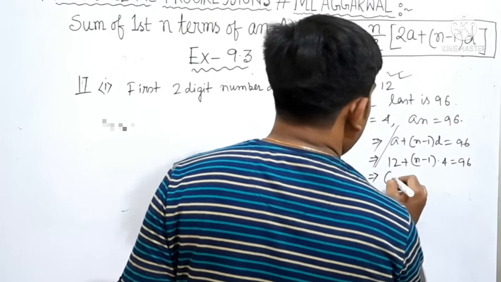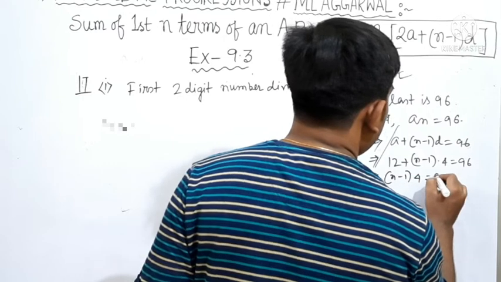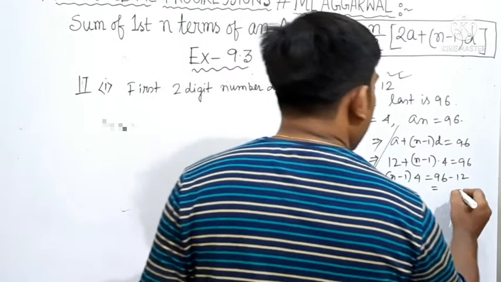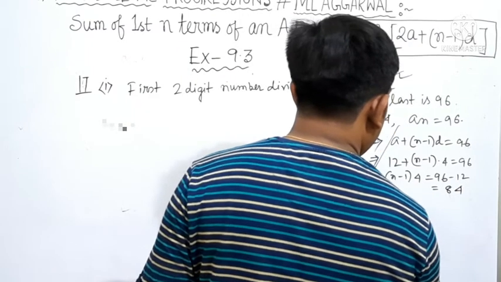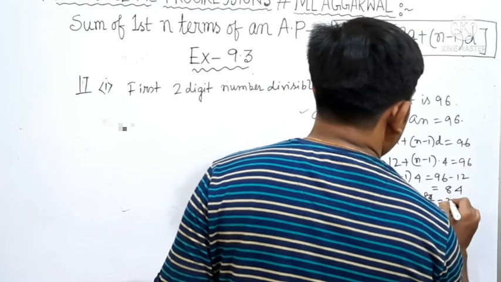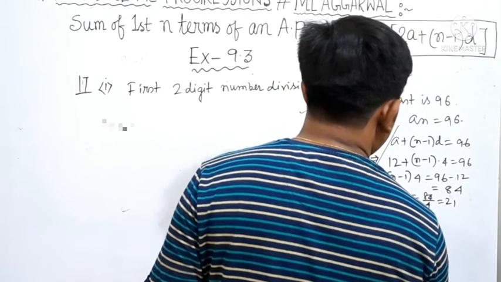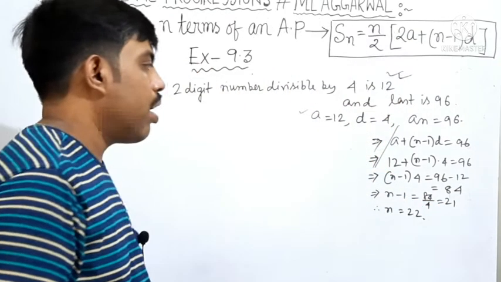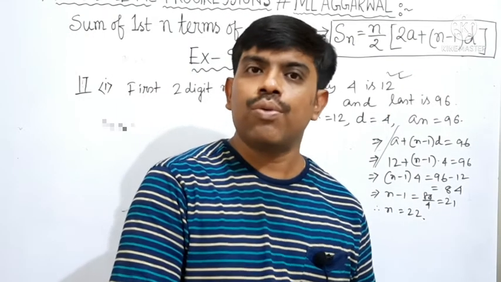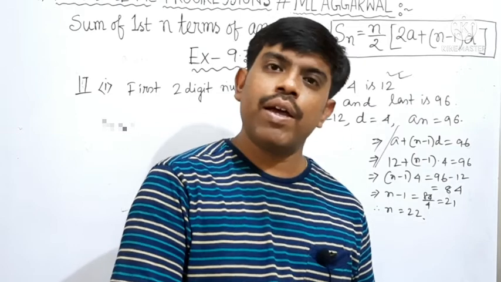So it will be n minus 1 into 4 is equal to 96 minus 12, it will be 84. Therefore n minus 1 is equal to 84 by 4, it will be 21, and n is equal to 22. Okay, so there are 22 two-digit numbers divisible by 4.